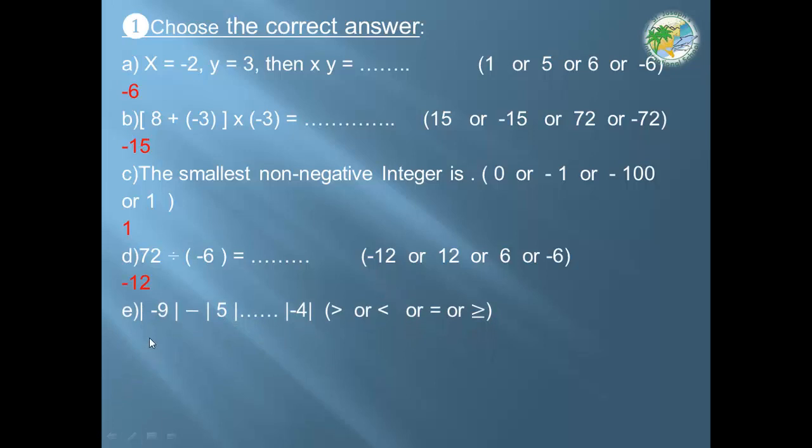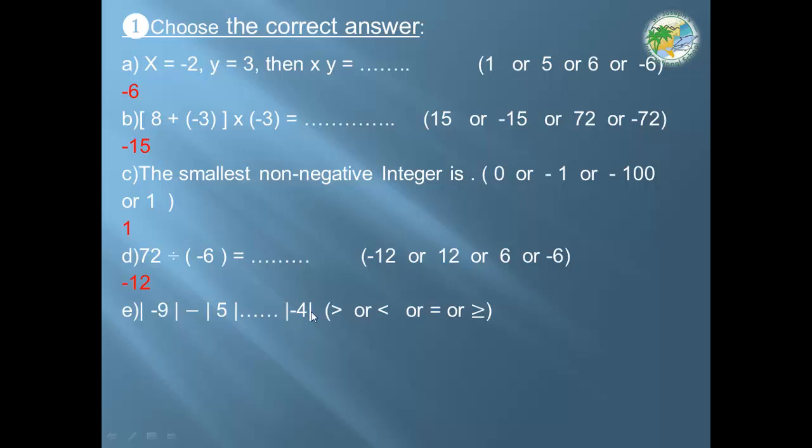Number E. Absolute negative 9 minus absolute 5. Compare between this number and absolute negative 4. طيب I give you just 1 minute to think about this question. Take care يا primary 6 ان احنا هنا عندنا absolute, يعني should remove النيجاتيف sign. طب هنا absolute بس, مع we don't have a negative sign, then equal 5. يعني دي هتبقى equal what؟ 9 minus 5, وهنا absolute 4.